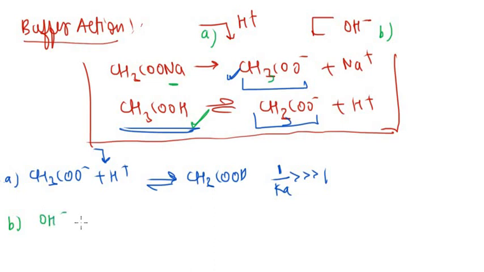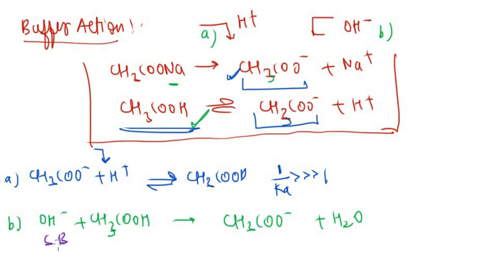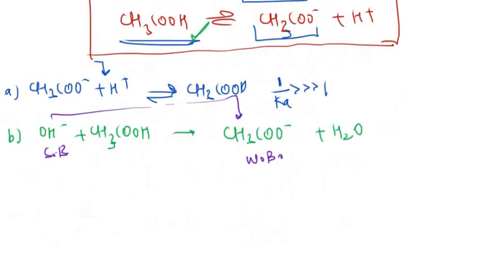OH minus will react with CH3COOH, and it will form CH3COO minus plus H2O. So there is a thing to observe here, that it is a strong base and it is converting into a weak base. So strong base has been converted all into a weak base. So nothing will happen. There was a negligible change over here.